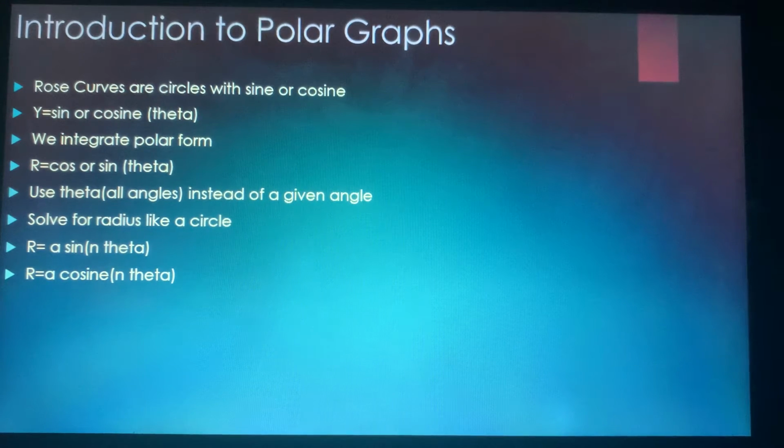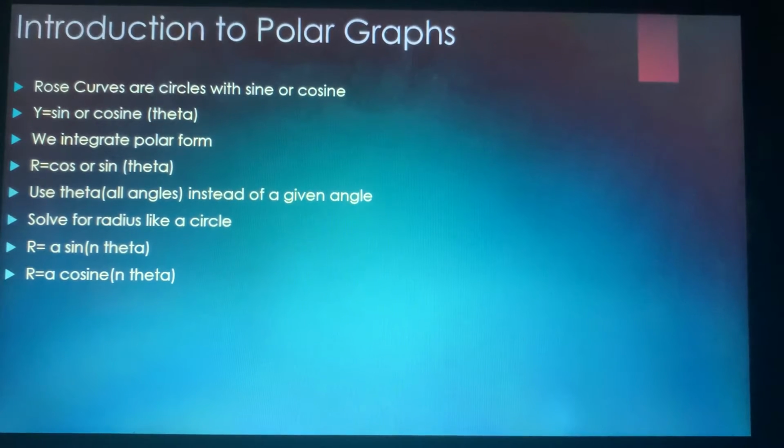Now, that's polar form, and previously we learned about if theta was set, like they'd give us theta 75 or theta is 30. However, in graphing this, we account for all values of theta from 0 to 360 or 0 to 2 pi.